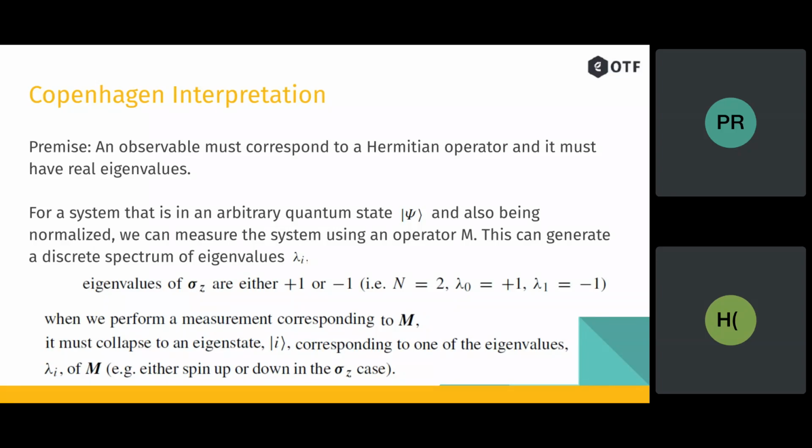So the Copenhagen interpretation just extends the law for an arbitrary quantum state and for arbitrary finite states. I have to put the term finite there because it cannot be infinity, it has to be finite. So that 0 to n minus 1 shows the limit. For n dimension, it will be 0 to n minus 1.